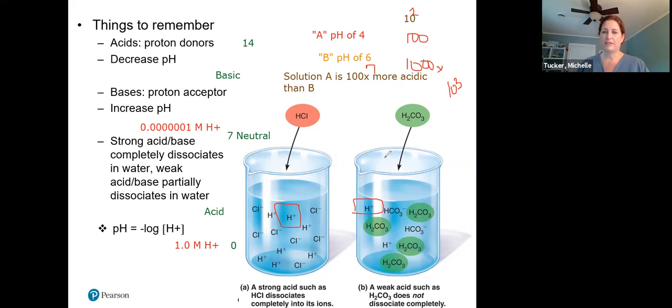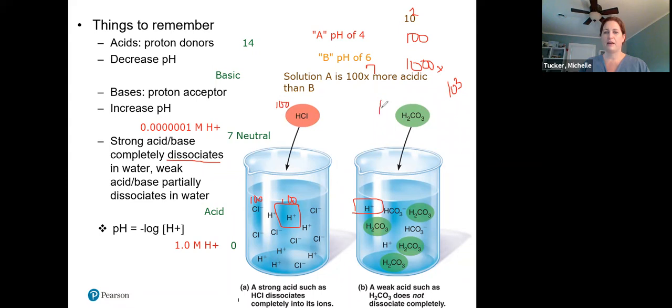And the difference between a weak acid and a strong acid is the amount that it dissociates. A strong acid will completely dissociate. So if we put in 100 molecules of HCl, we would get 100 chloride and 100 hydrogen ions.